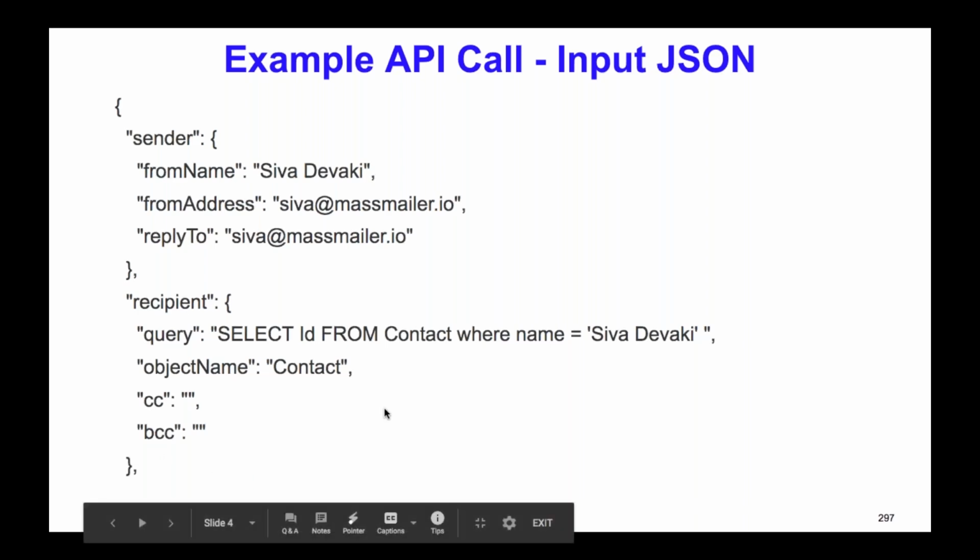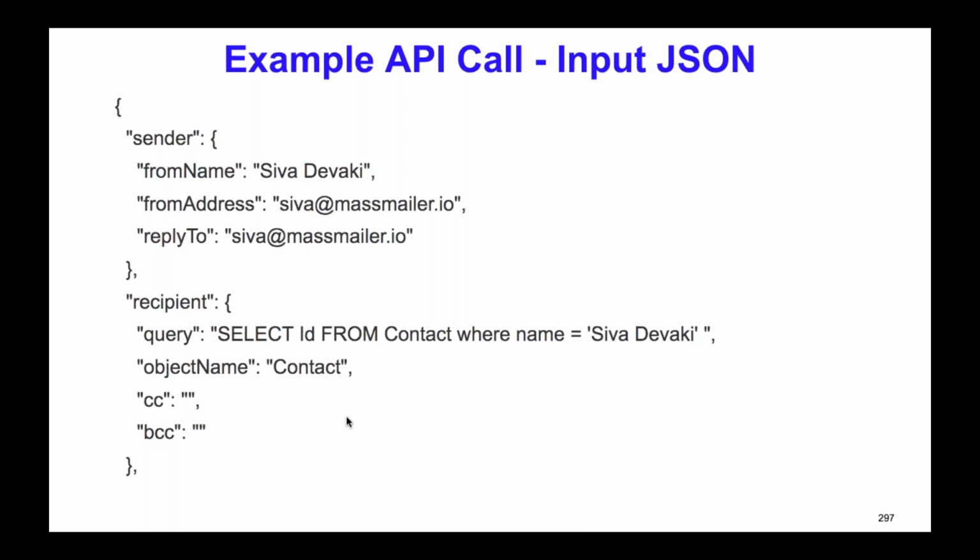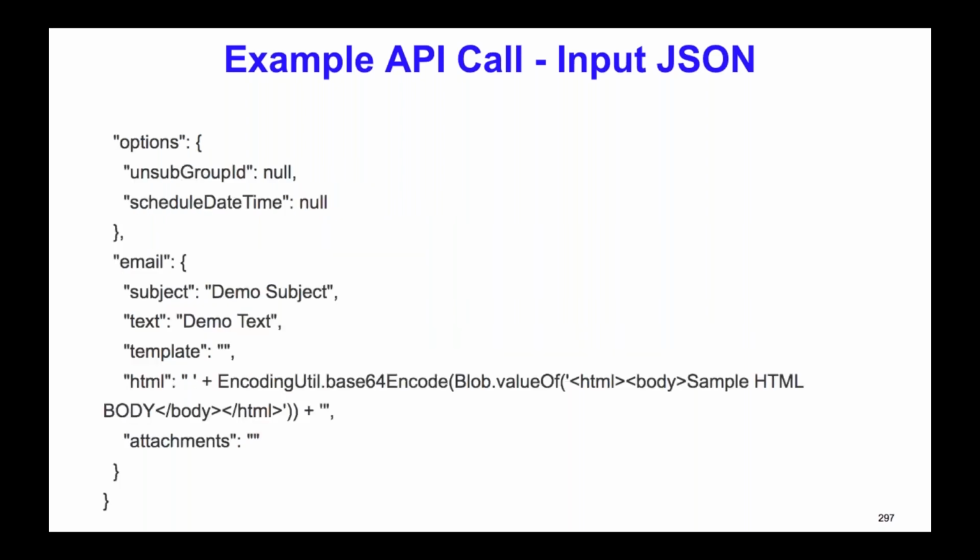If you want to do any CC and BCC, you have those options as well, where you can provide the CC email and the BCC email. Then in the options, you can provide the group ID, if you're trying to send emails to a group. You can send that group ID or the group name.